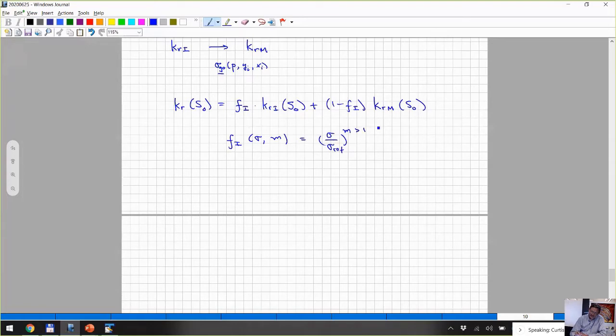And this was for any gas oil IFT less than the reference. And if the gas oil IFT was greater than or equal to the reference IFT, so this was another parameter that you would have to input, then this would just be equal to 1.